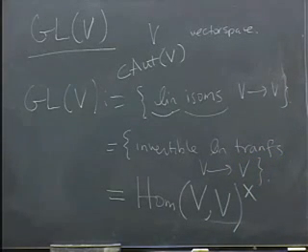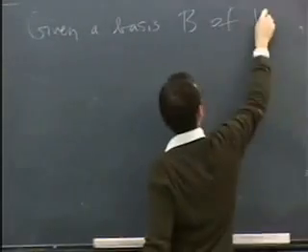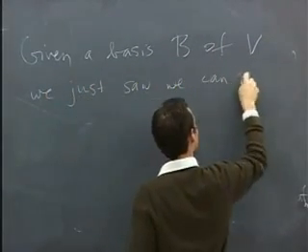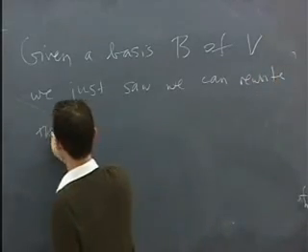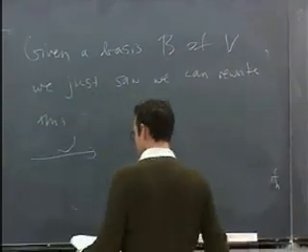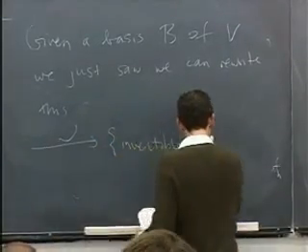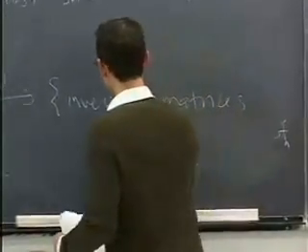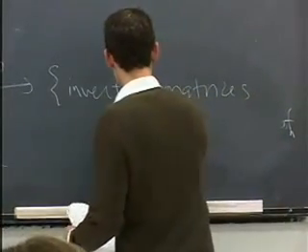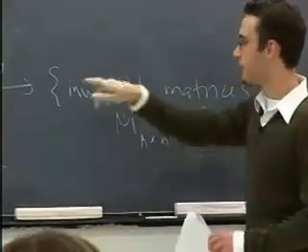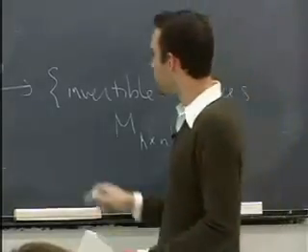So given a basis E of V, we just saw we can rewrite this isomorphically as the set of invertible matrices in M n by n F, where n is the dimension of V. What is this thing called?